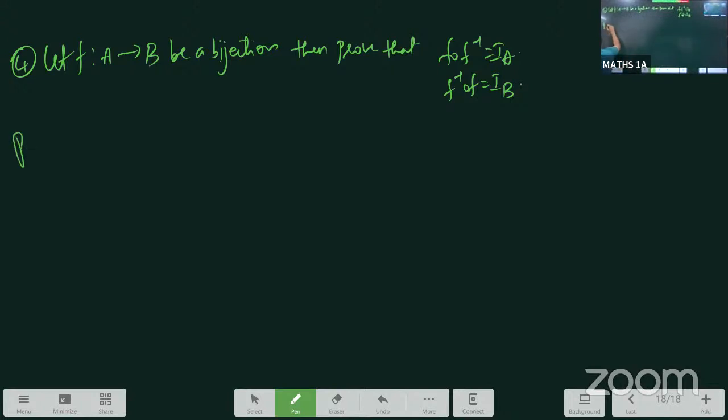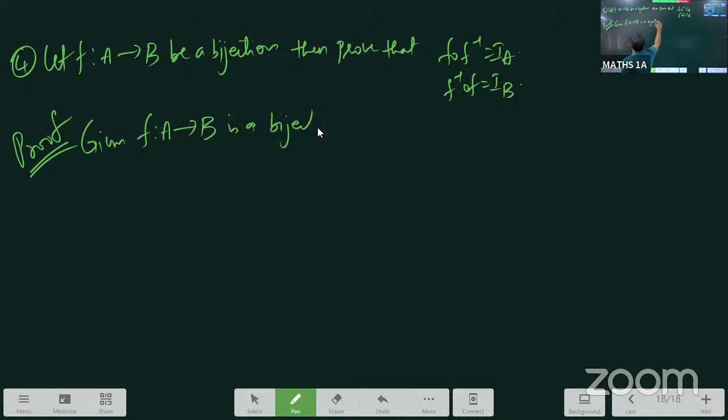Now see the proof, everybody. This is also very important and easy. What is given is that F is a mapping from A to B and is a bijection. Whenever it is a bijection, that implies F inverse exists.